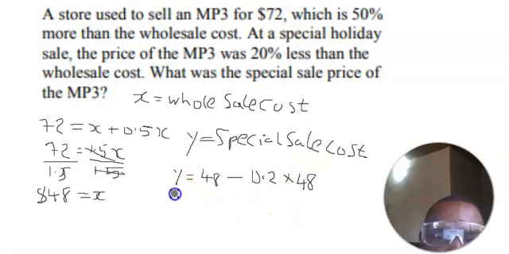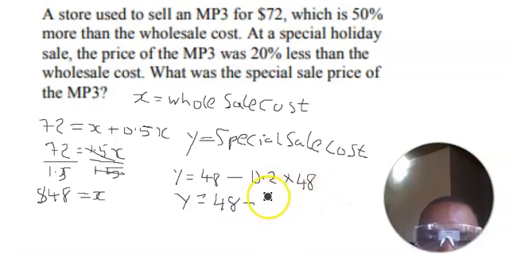So y is equal to 48 minus 0.2 times 48, which is 9.6, of course.